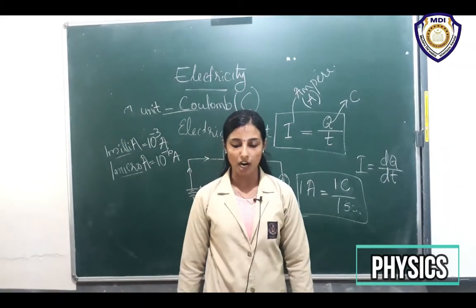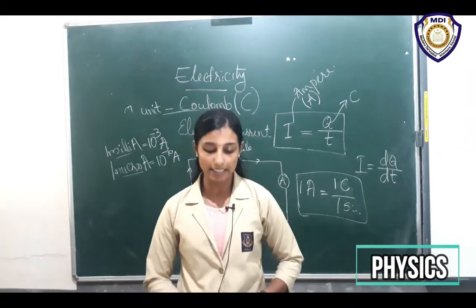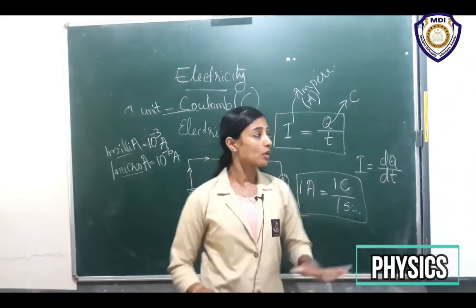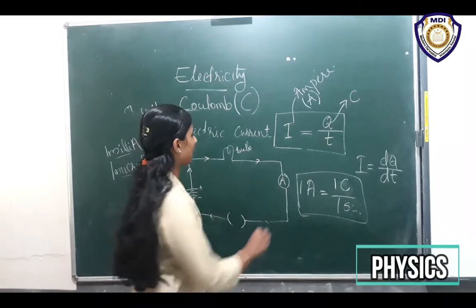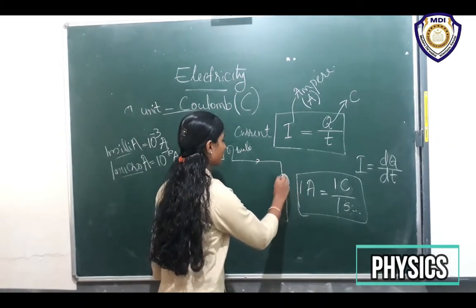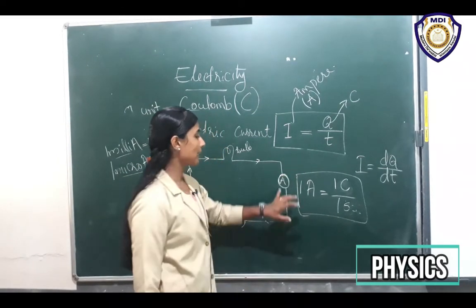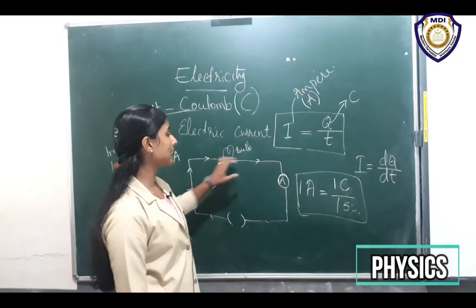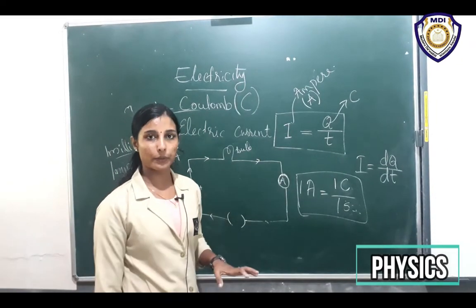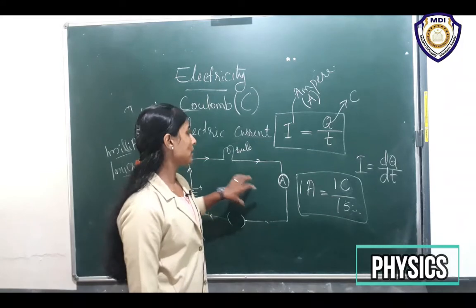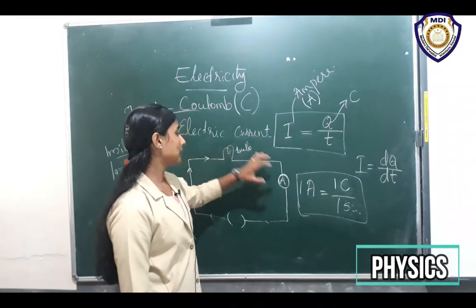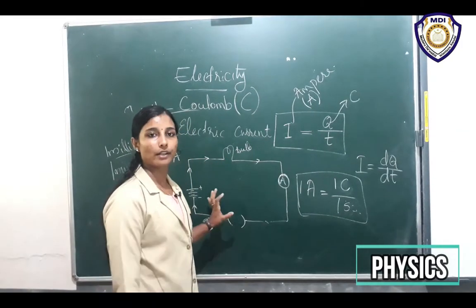And an instrument called ammeter measures the electric current in a circuit. So now we have this ammeter, right? This measures the electric current that flows through the circuit. So we have to note how much electric current is flowing through this circuit, right?